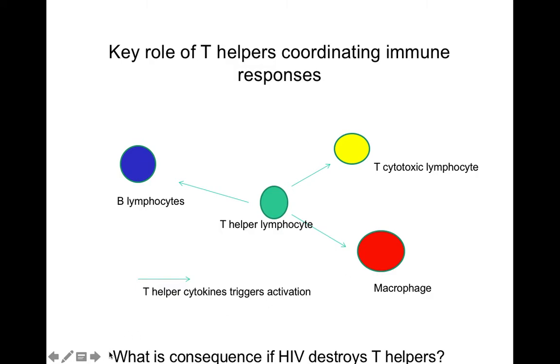If you understand why it is that HIV can destroy our immune system, if you understand the key role of the T helpers, then you can understand how when HIV destroys enough of our T helpers, humoral immunity no longer functions and cell-mediated immunity no longer functions.